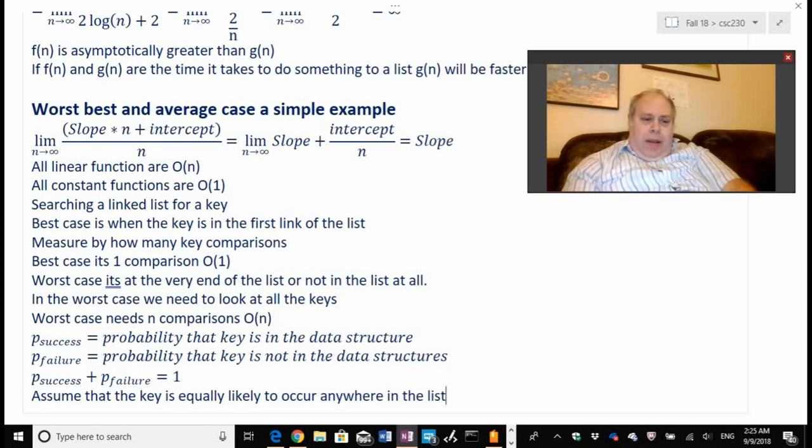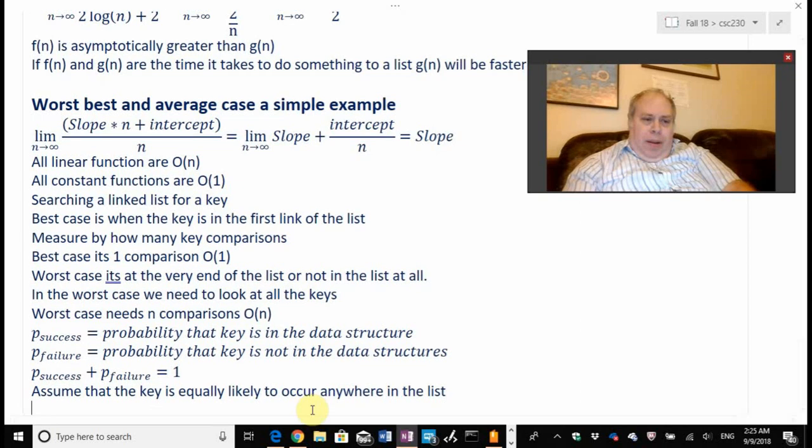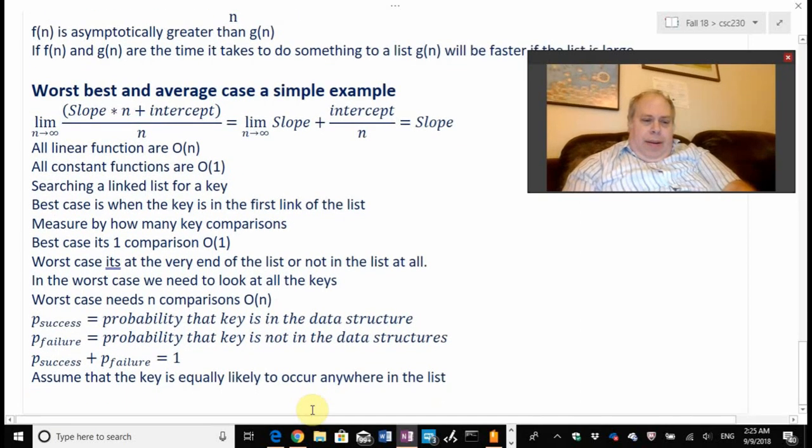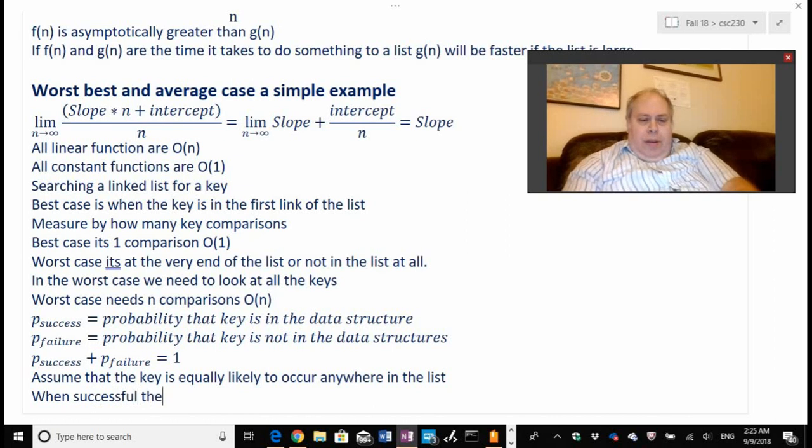So in this case, the average number of comparisons we need when it's successful will be the average of the best case and the worst case.